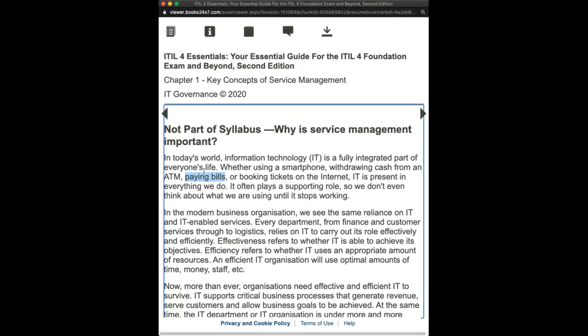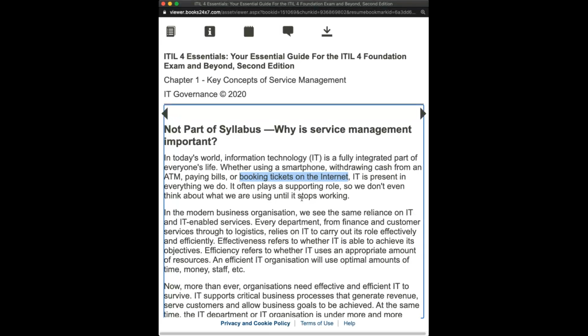Paying bills, booking tickets on the internet, right? So for concerts, IT is present in everything we do. It plays a supporting role, right? And you always hear about IT support, people calling through customer support. So those are part of service management. So we don't even think about what we are using until it stops working.